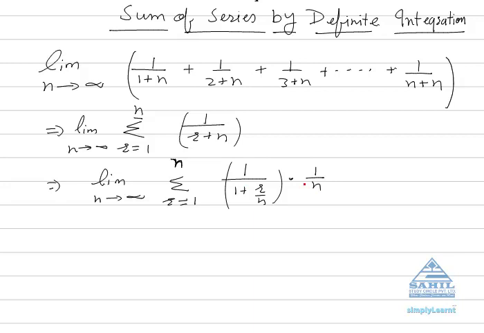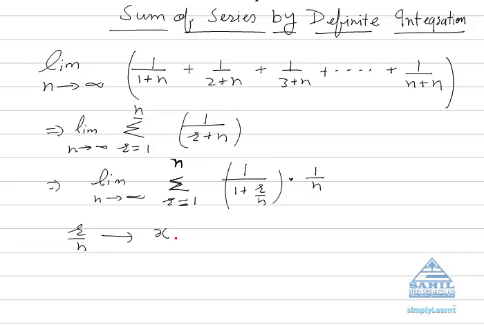common from this, so this reduces into sigma of r equals 1 to n, 1 upon 1 plus r by n, into 1 upon n. Now there are a few special things we have to understand. Right now the variable is r by n, and we have to convert this into x.